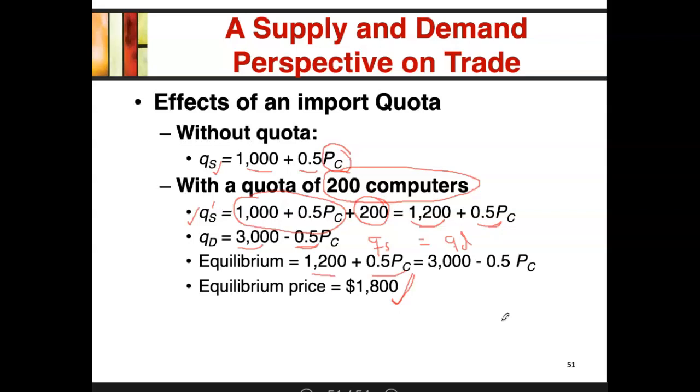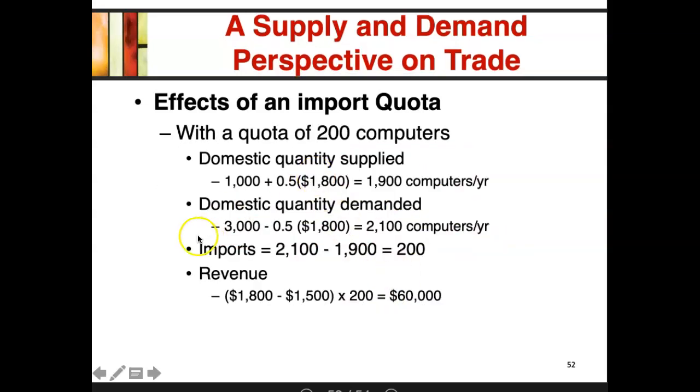Now we know the new equilibrium price, and based on this we can find the domestic quantity supplied. All we have to do is put the new price, $1,800, into the domestic quantity supplied equation. It was 1,000 plus 0.5 P, so that's 1,000 plus 0.5 times 1,800, and you get 1,900 computers.